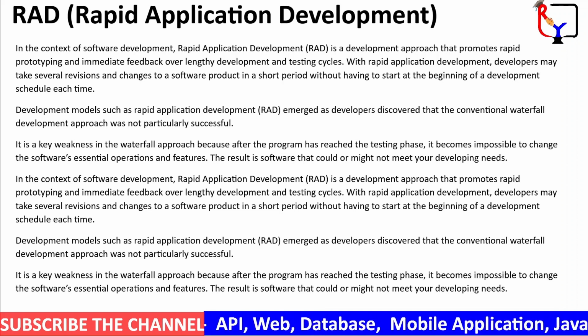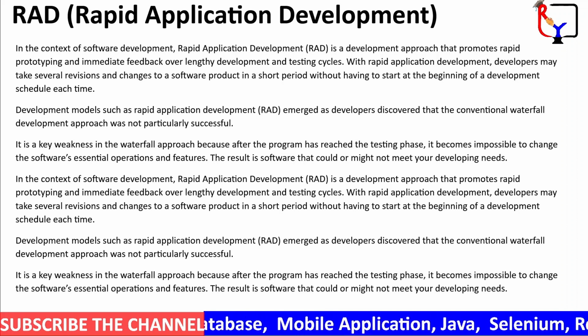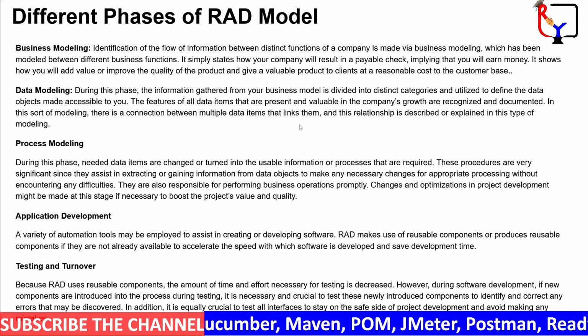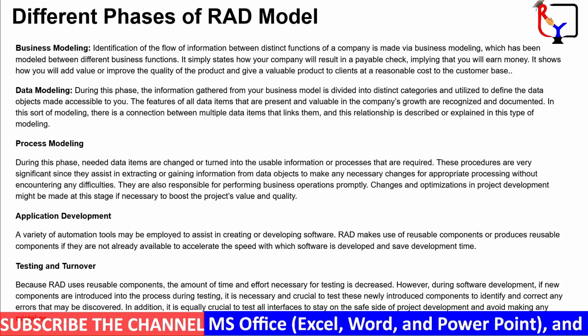So development models such as RAD emerged as developers discovered that the convenience of the waterfall development approach was not particularly successful. Okay, so we have different phases in RAD: business model, data model, process model, application development model, and testing and turnover.